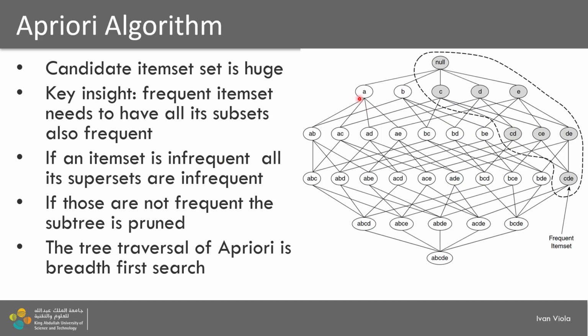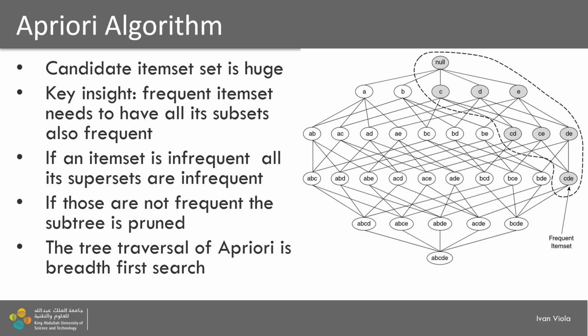Meaning that if A would be, for example, infrequent, then that means that everything which contains A will also have to be infrequent because it's subordinate to A itself. If there are very few A's, then there cannot be too many AD item sets, for example.